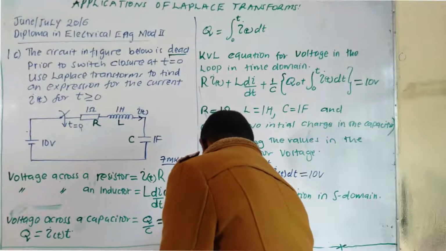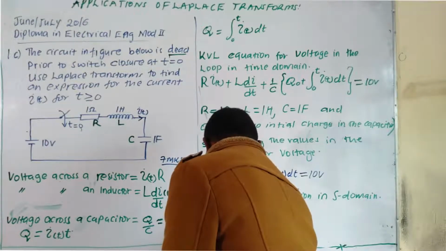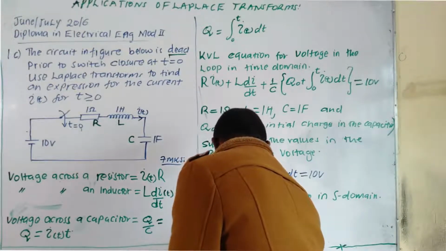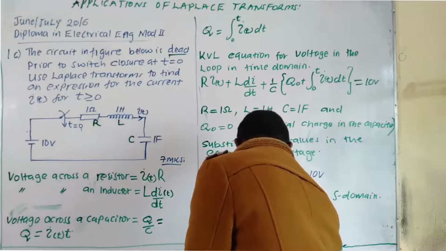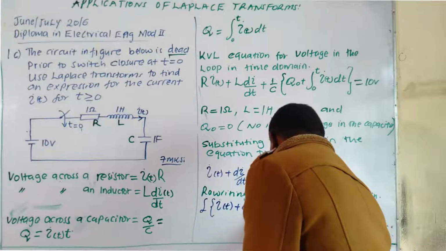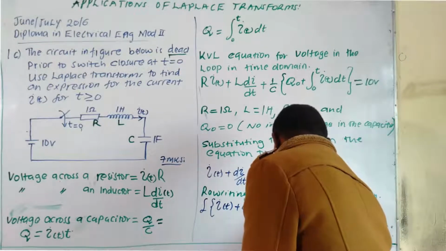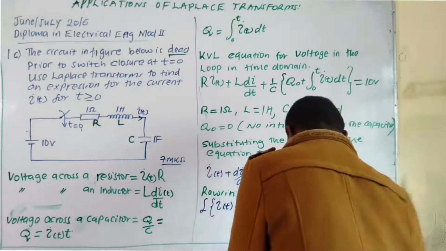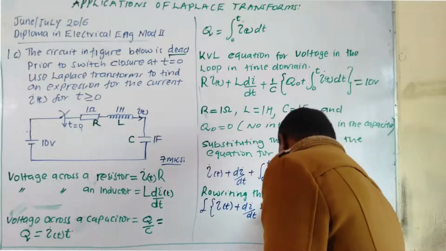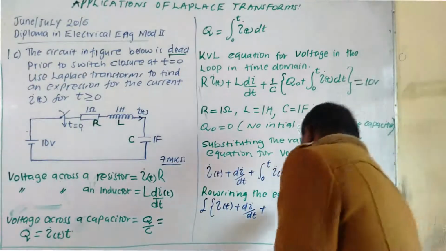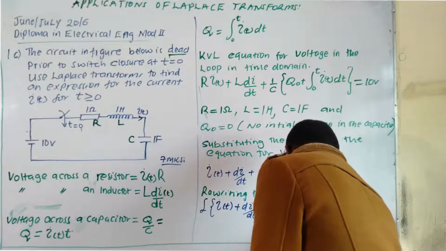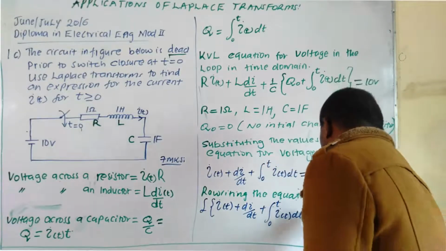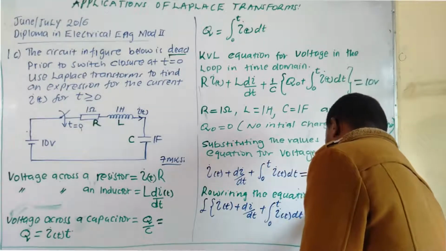Laplace transform of I of t plus di/dt plus the integral from 0 to t of I of t with respect to t is equal to 10.